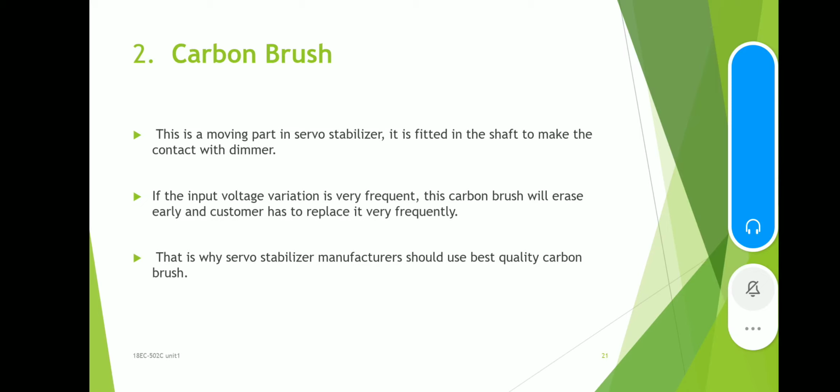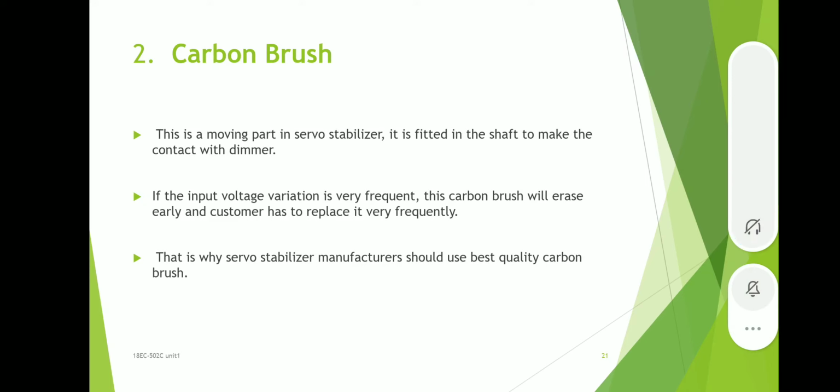Generally it is fitted on the shaft to make contact with the dimmer, that is the auto transformer. The auto transformer decreases or increases the voltage depending on the input voltage, and this is done by varying the windings of the auto transformer. The carbon brushes make contact with the dimmer.